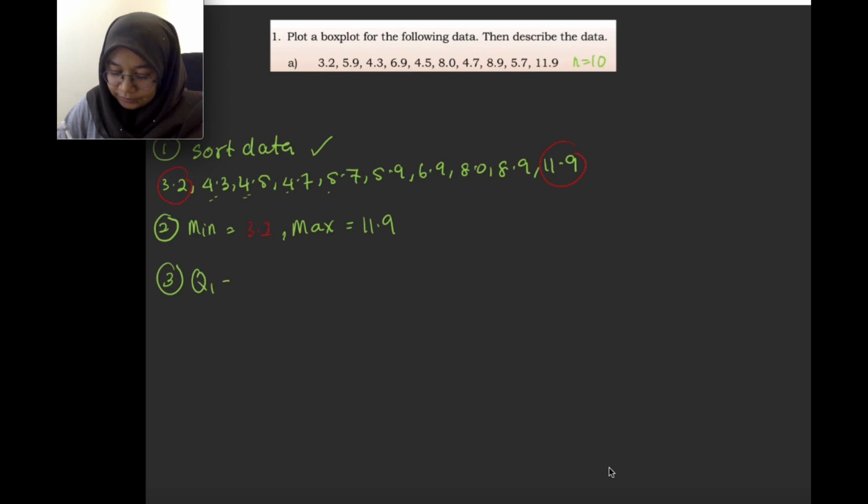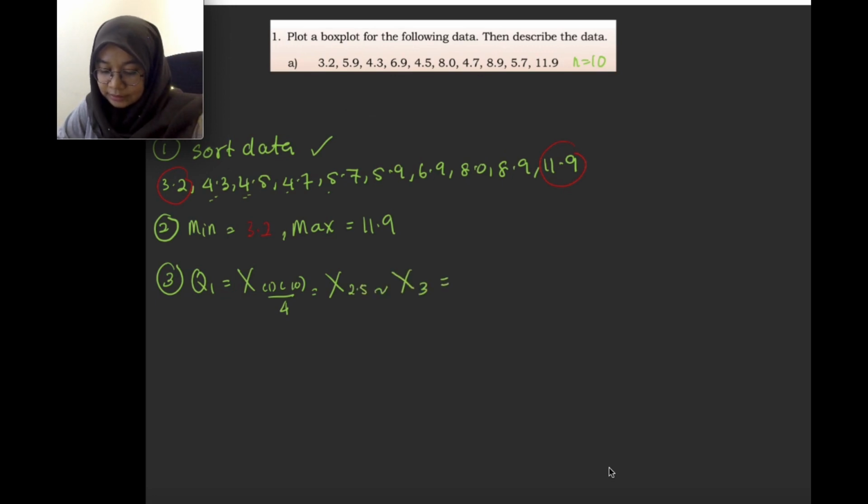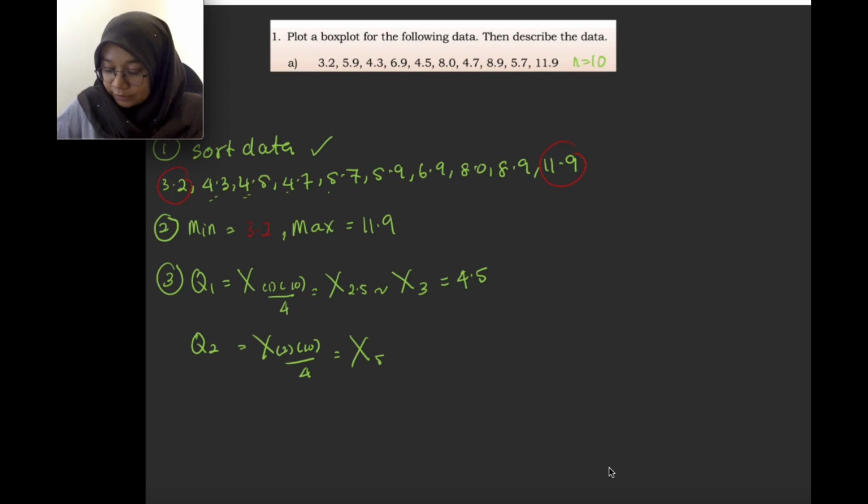Okay, next, find Q1. Q1 is equal to X_C, where C is i times N divided by 4. So X2.5 will become X3. X3 is equal to 4.5. Q2 is X at 2 times 10 divided by 4, so you will get X5. Because 5 is a whole number, use the formula X5 plus X6 divided by 2.